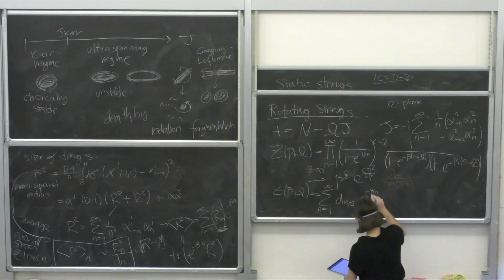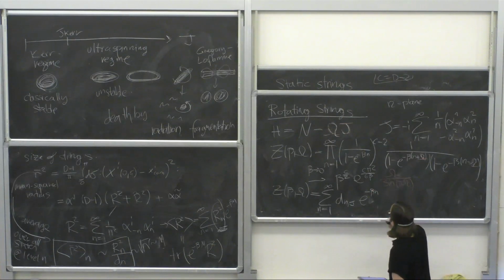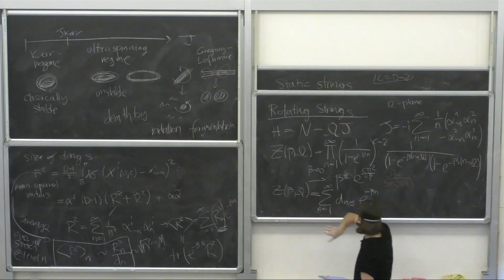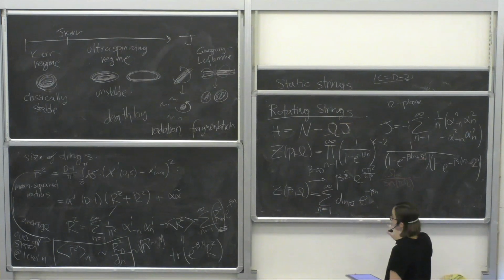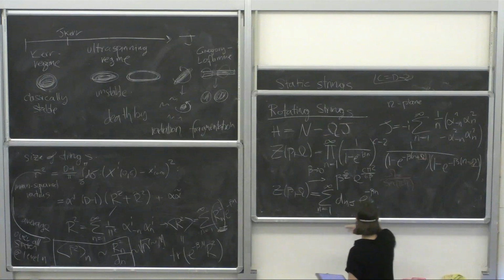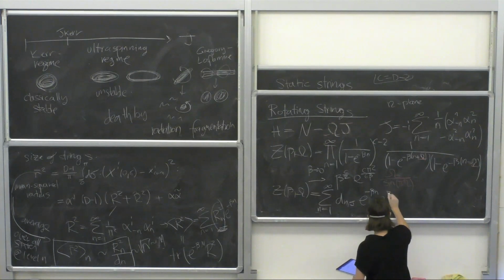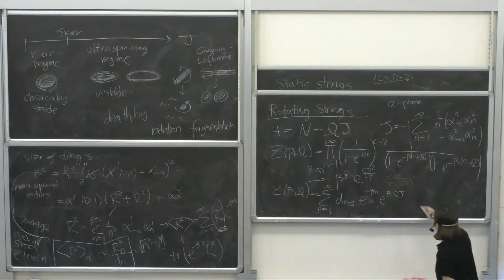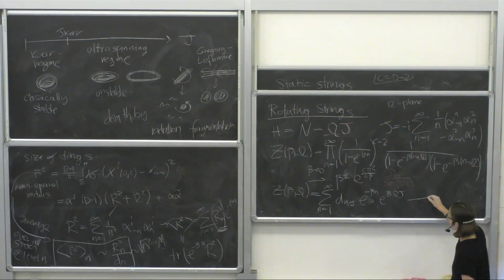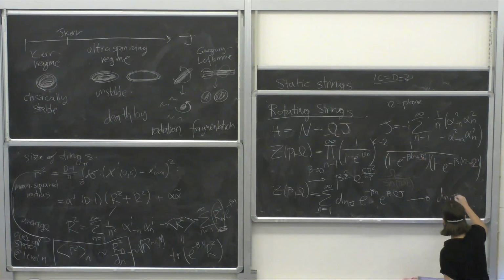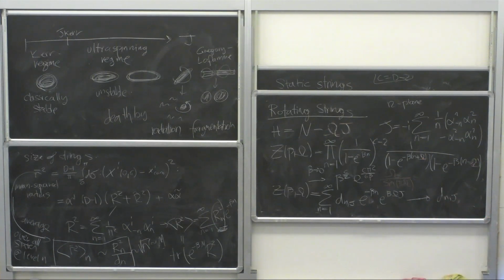So this was there before, this e to the minus beta n. But now I also have to go from the beta variable to the n variable, and I go from the omega variable to the j variable. So I also have to add an e to the beta omega j here. And then I want to extract the density of states, d_nj.